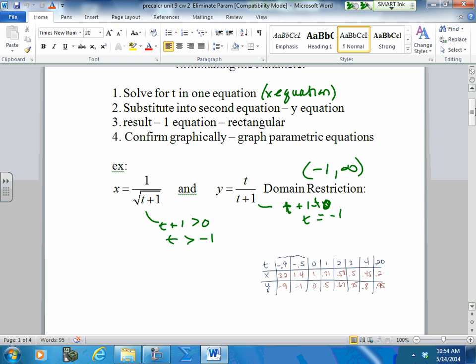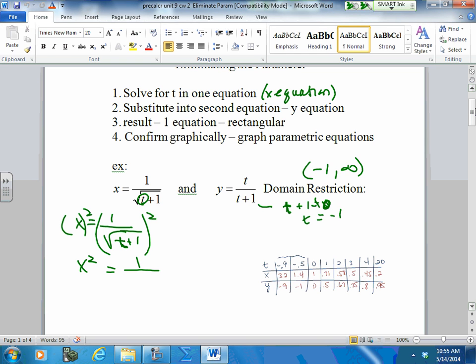Alright, so now, let's come over here and solve this guy for t. Alright, what should I do first? Square. Okay, I can square it first. Square both sides. Chris wants to get rid of the radical. I need to get t by itself.